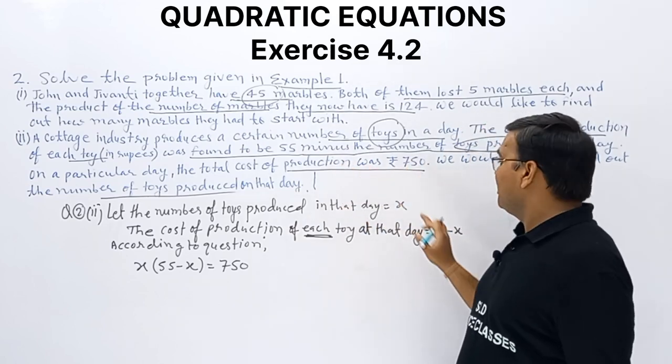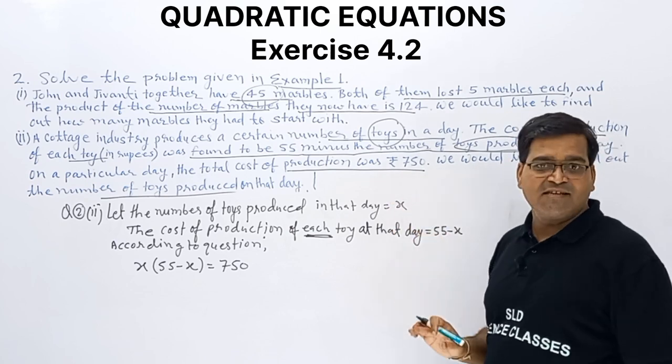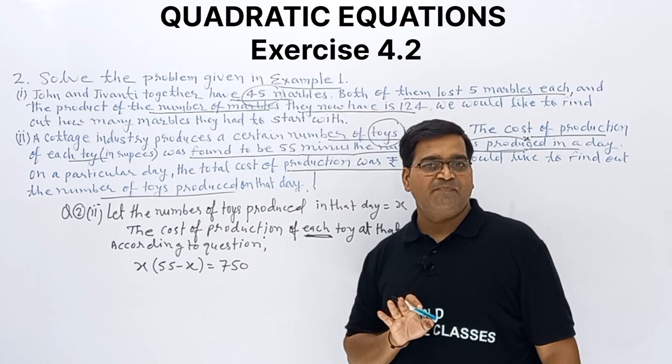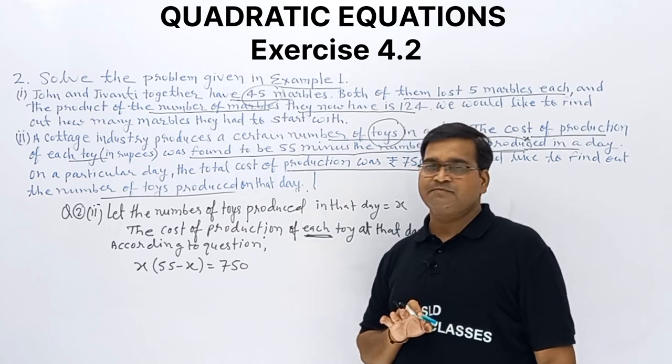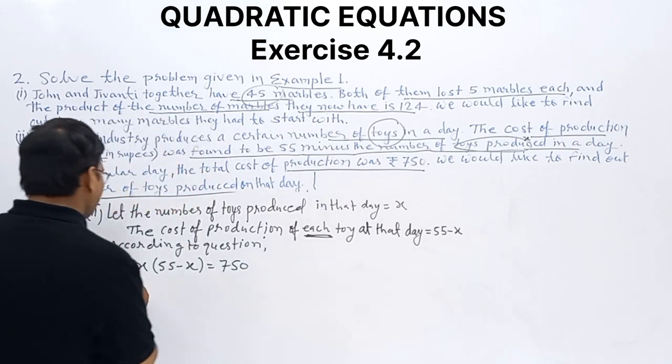Each toy having this cost, and total toys X, we multiply both; total cost will be this one. Getting? This is the situation we observed. Solve this one.